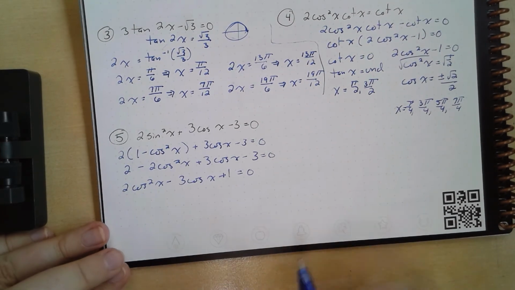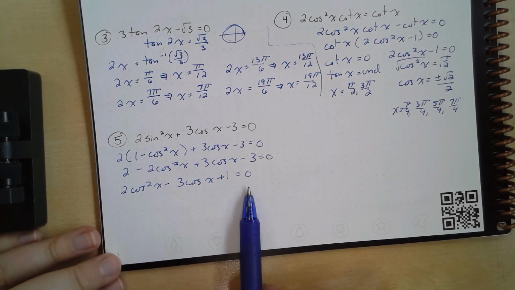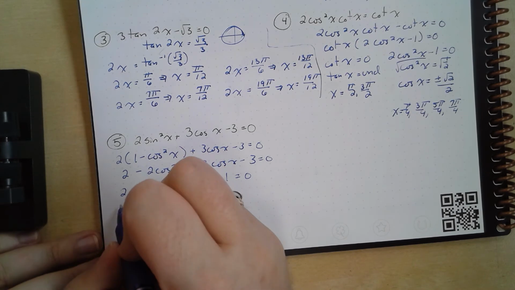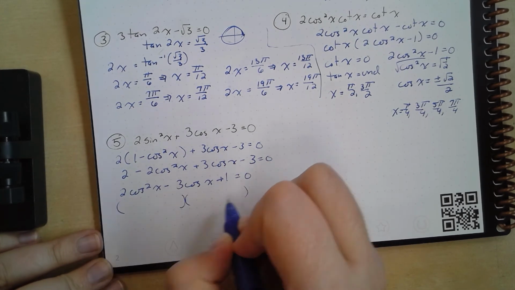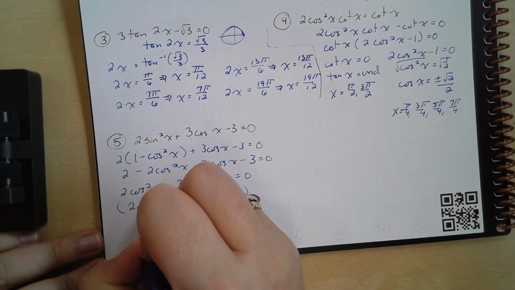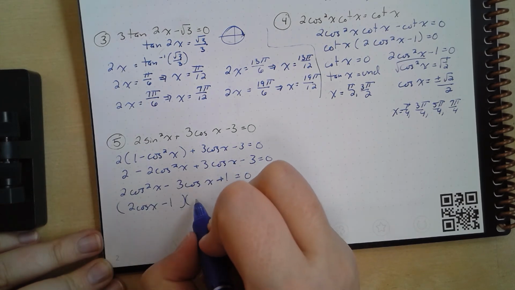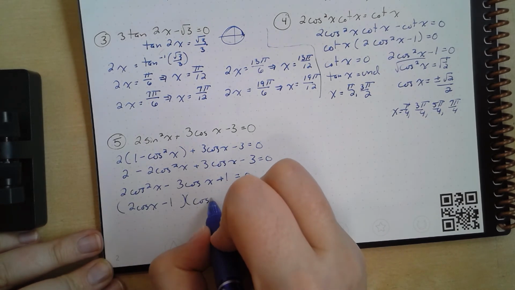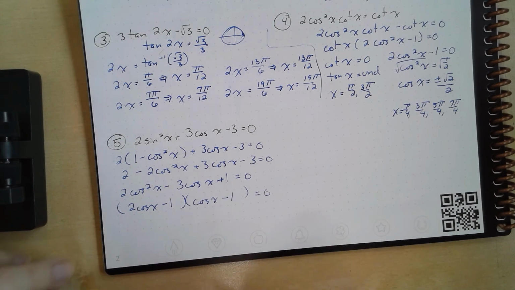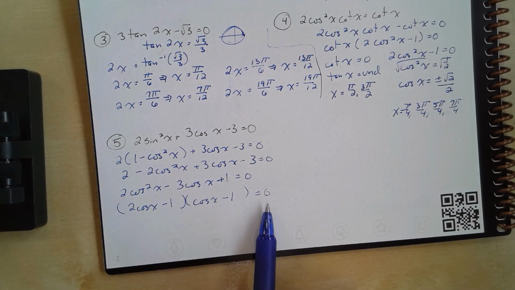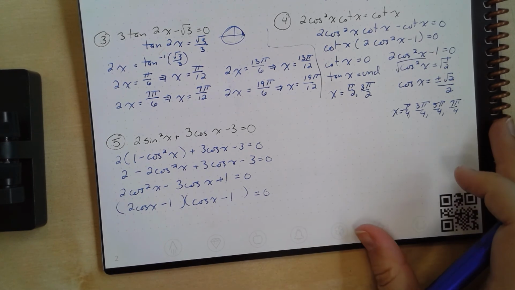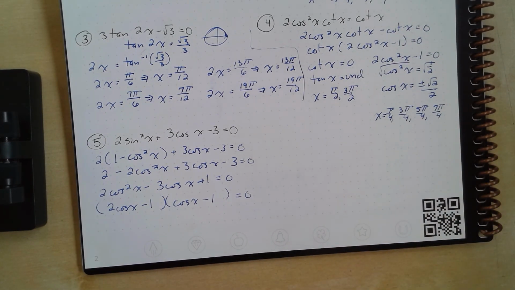And here you can see that we can just factor this. So if I rewrite it here, I have 2 cosine of x minus 1, and I have cosine of x minus 1, and both of these are equal to 0. And then from there I could set these equal to 0 and solve for x. That's all there is to it, simplifying trig identities and evaluating trigonometric functions.